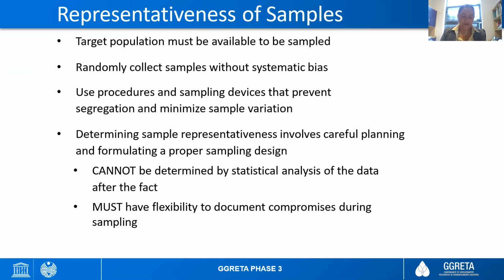Some very important aspects you need to consider: we talked about defining your target population and selecting a sample from your target population. Very important is that your target population must be available to be sampled. You could set a target without seeing your study area, arrive, and it's not available. So your target population must be available to be sampled.